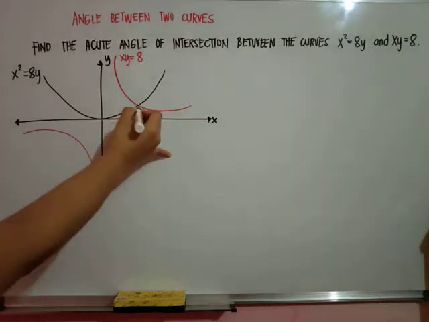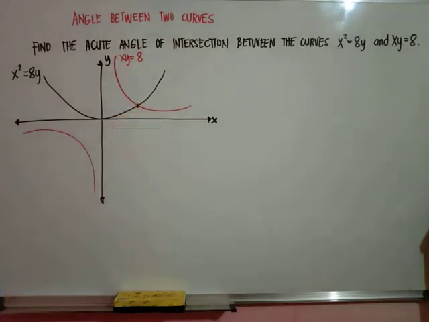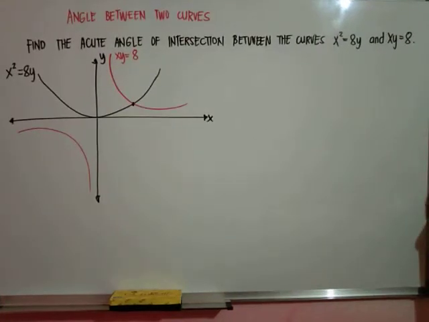So, base sa idea ng differential calculus, para malaman natin yung angle between or the acute angle of intersection between the two curves, equivalent daw yun sa angle between their tangents at this point of intersection.